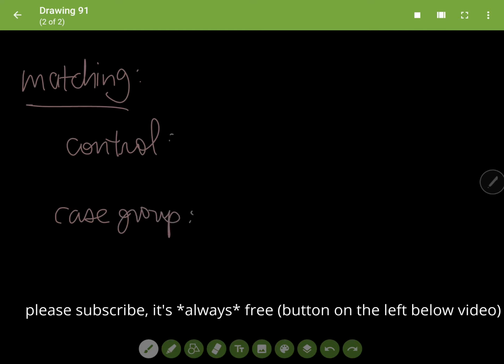So say, for example, we have a control group of non-obese and a case group of obese. And we're measuring the incidence of stroke in both groups.